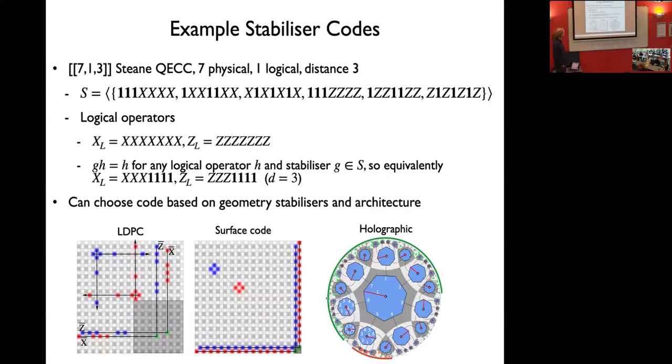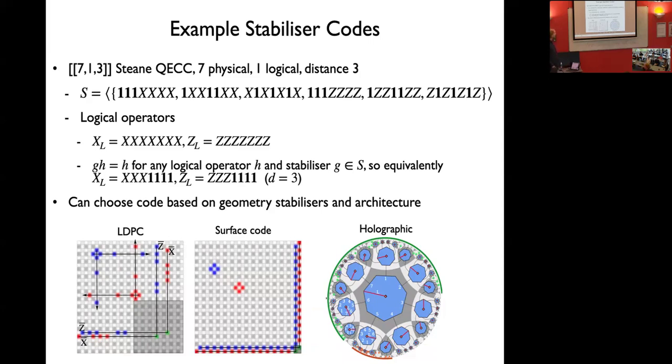And there's a long history of looking at these stabilizer codes. One of the most common ones studied is the Steane code, which uses 7 physical qubits for 1 logical qubit with distance 3. So it has these 6 stabilizers, which gives you one qubit degree of freedom, which is a logical qubit.